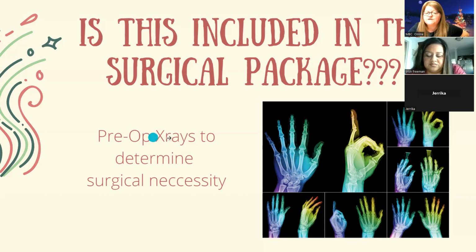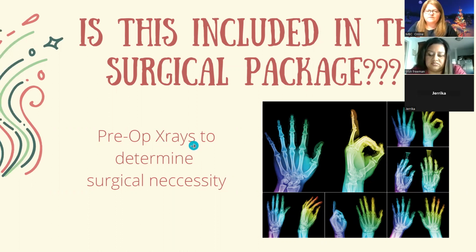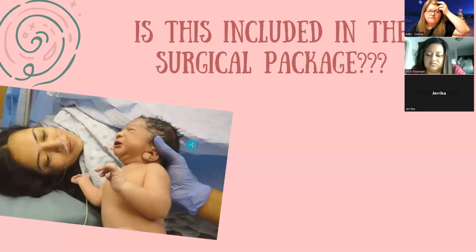Now, if it was just pre-op x-rays to check placement or something like that, to make sure that nothing has changed, like in my back, the herniation was at one size. If it got worse before we did surgery, they'd want to know that, right? They'd want to know what they're going to see when they go in to look.